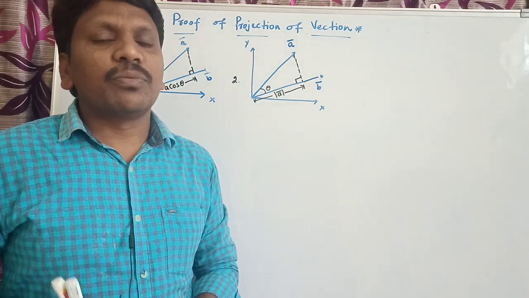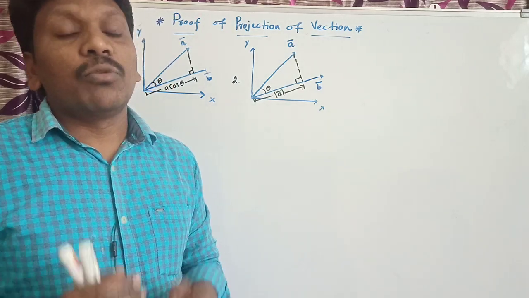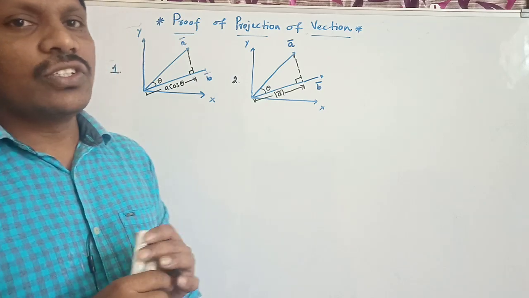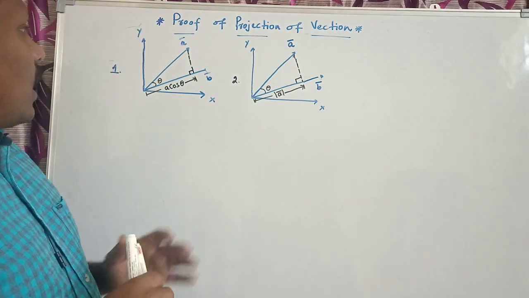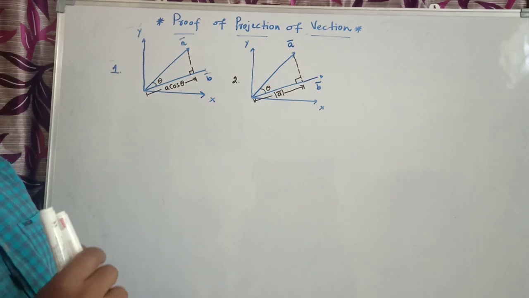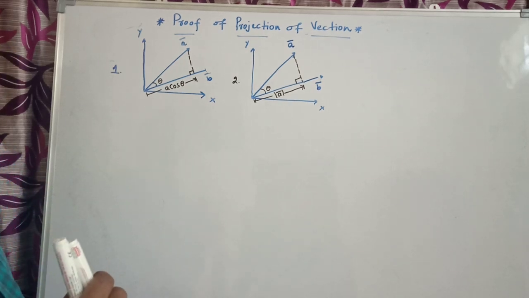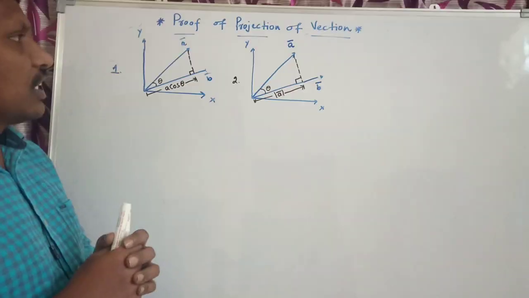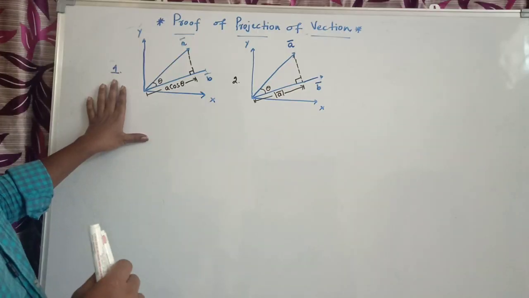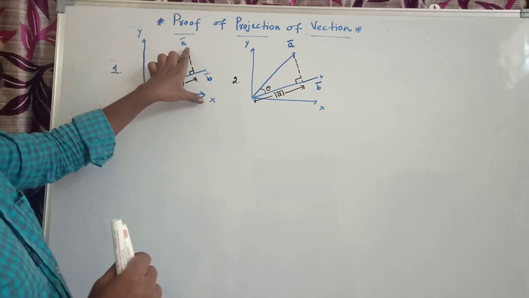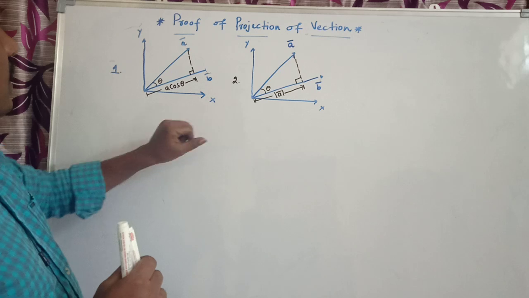Now I am going to explain the proof of projection of vectors. There are two diagrams, and from them we can simply understand how a vector can be projected along another vector's direction. Here there are x and y axes, and a bar is a vector and b bar is a vector.